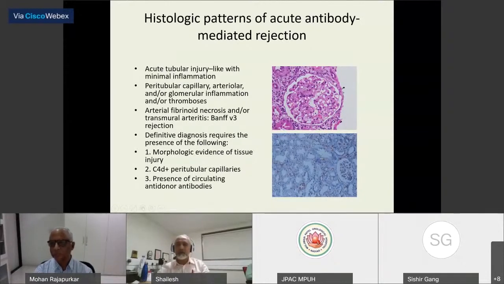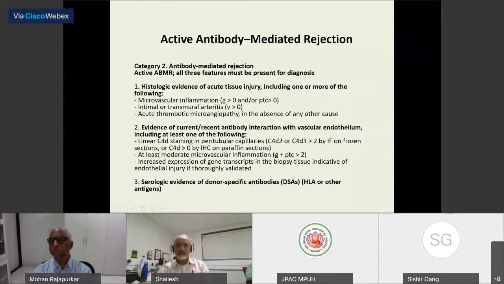And here we can see an inflammatory picture of glomerulitis. The second category, active antibody mediated rejection, requires microvascular inflammation, intimal or transmural arteritis, or acute thrombotic microangiopathy. These are the three patterns of acute tissue injury in which antibody mediated rejection shows.